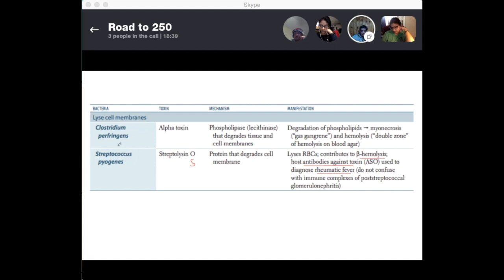So that's the other toxin that this organism can release, and you can find ASO titers effectively to diagnose rheumatic fever. But essentially, streptolysin O and S make this beta hemolytic. So that's essentially what I wanted to talk about here.